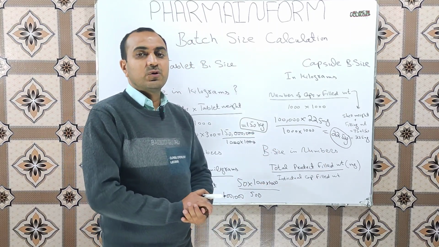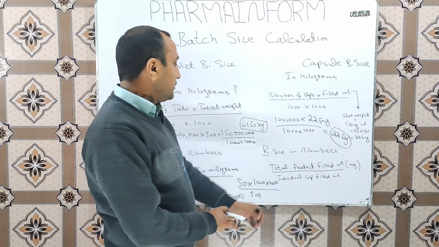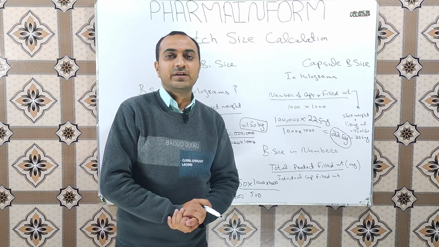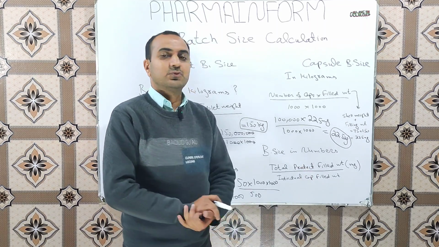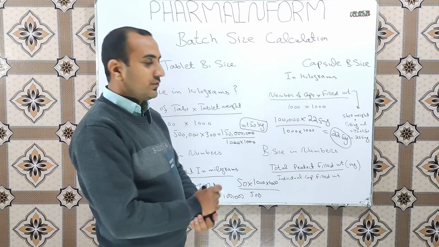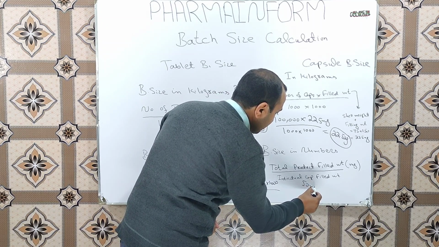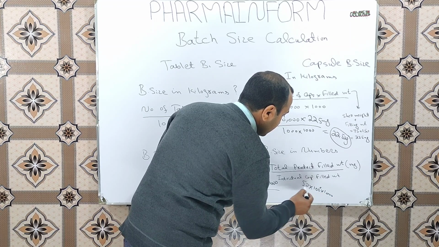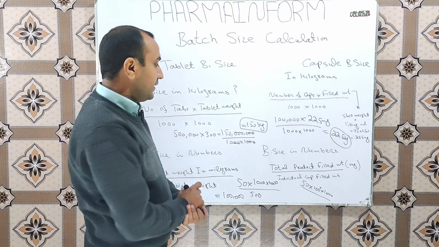Next we will learn to calculate the batch size of capsules in terms of numbers. For this we will use the formula: total product filled weight in milligrams divided by the individual capsule filled weight. Suppose our product filled weight is 50 kg. First of all we convert 50 kilograms into milligrams and then divide it by the individual capsule filled weight.